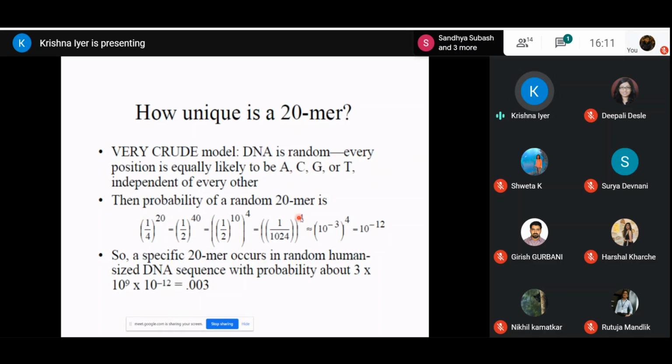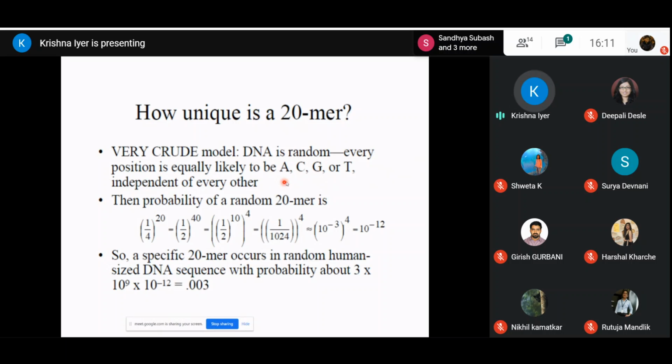If I look at the random occurrence of a 20 nucleotide base sequence, then the probability at one location that it is A is 1/4. The probability at the second position that it's a C is also 1/4. The probability at the third position that it is a G is also 1/4.